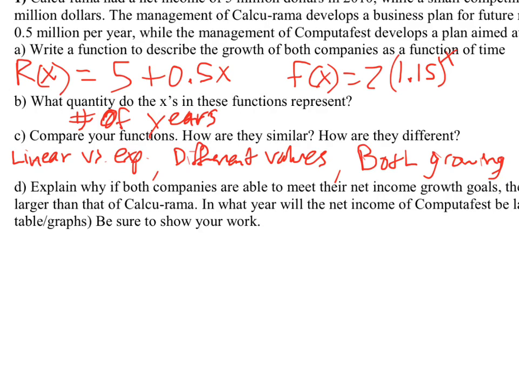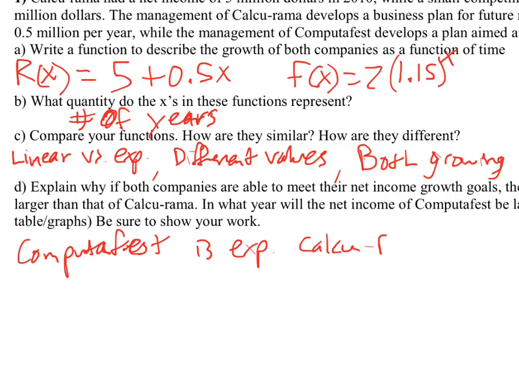So the next part: explain why, if both companies are able to meet their net income goals, then Computer Fast will eventually be larger than Kalkurama. Well, Computer Fast is exponential and Kalkurama is linear.